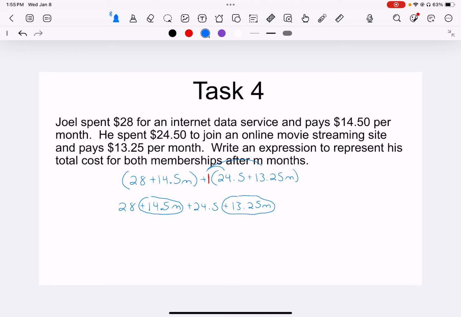I picked those first because I knew my variable terms have to come first. That would give me 27.75m, and 28 plus 24.5 combines to give us a positive 52.5. So this expression would represent his total cost for both memberships after m months.